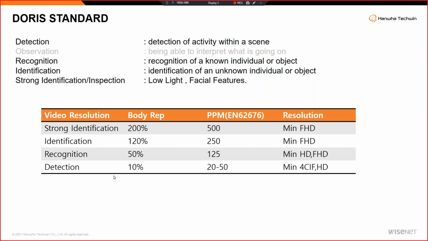There are some analytics in the cameras. The camera itself will automatically detect changes. That is a different criteria. That criteria may be higher because the computer or the camera itself is detecting motion, and that may need more, maybe instead of 20, maybe it is 40 pixels. But for a human being, this is the criteria, 20 to 50 pixels.